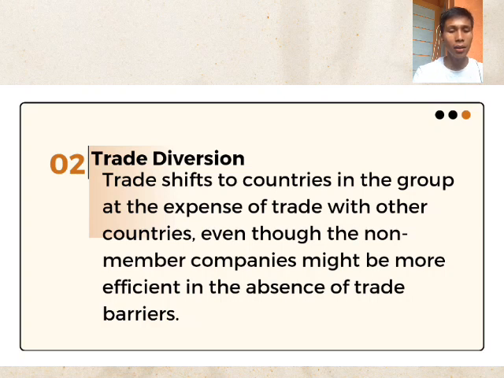To mitigate the negative effects of trade diversion, policymakers need to be careful, consider the potential trade-offs, and ensure that the benefits of the RTA outweigh the cost. This can involve negotiating agreements that minimize trade diversion and maximize the overall economic benefits for all parties involved.